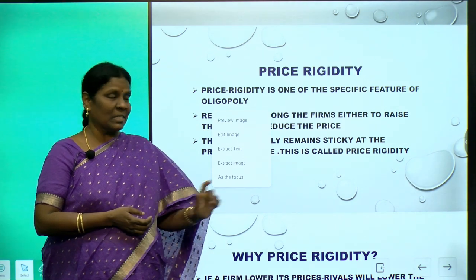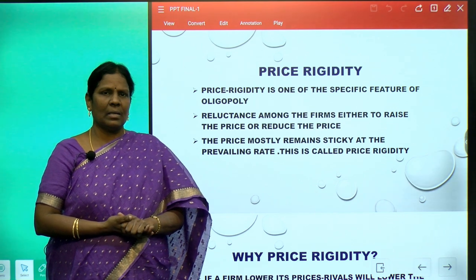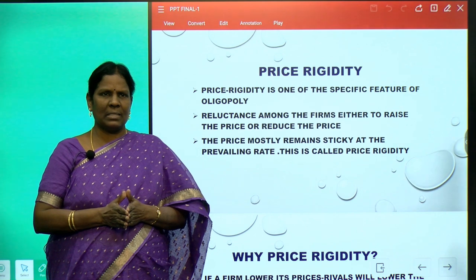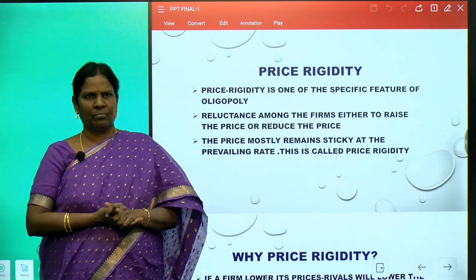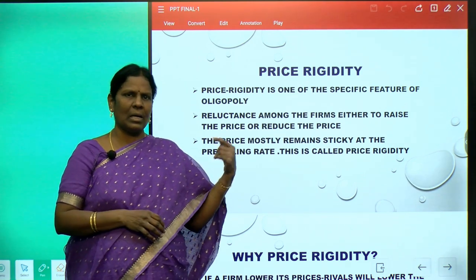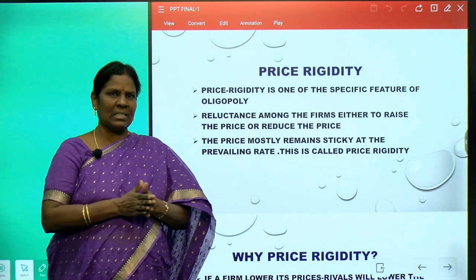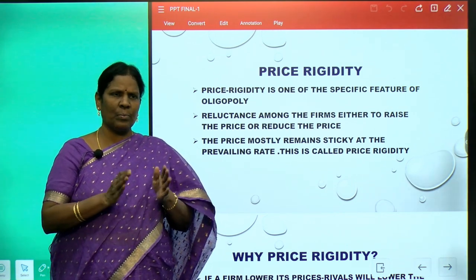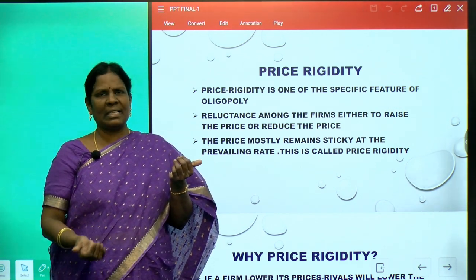Coming to the first one, price rigidity. What is the meaning of price rigidity? In an oligopoly market, any firm determines its price basing on the rival firms' price decisions. Once the price is fixed, it almost remains constant. The firms are reluctant to raise the price or to change the price.